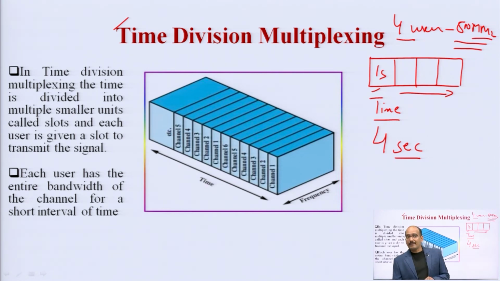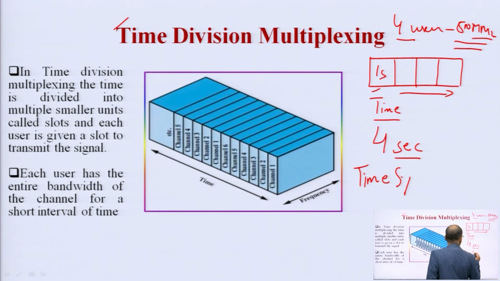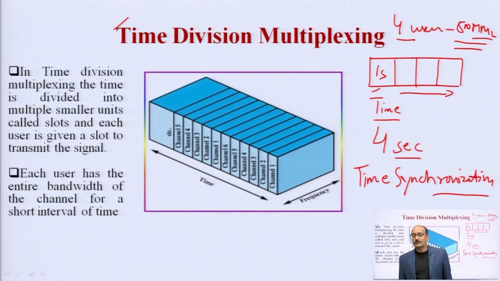So, in time division multiplexing, you can easily understand one point: time synchronization plays an important role, because time management and time synchronization are very much required for this purpose.